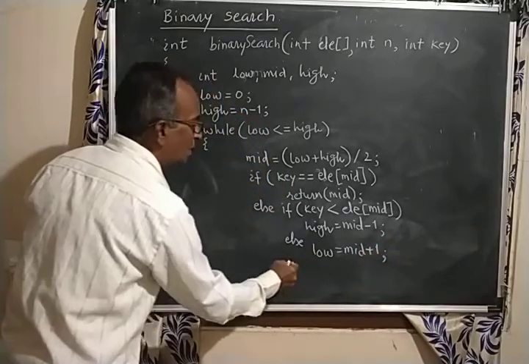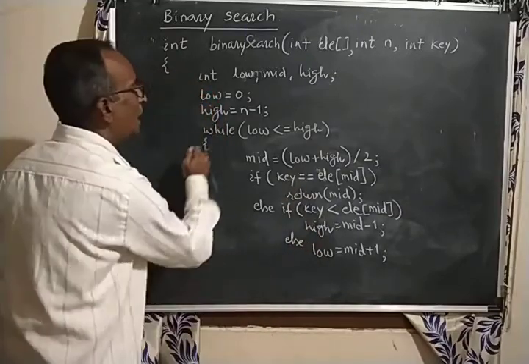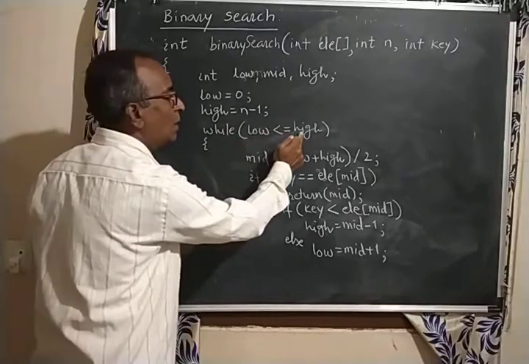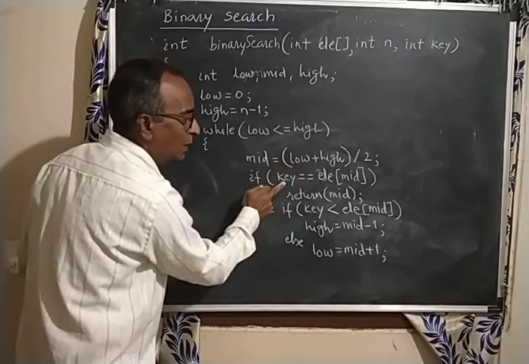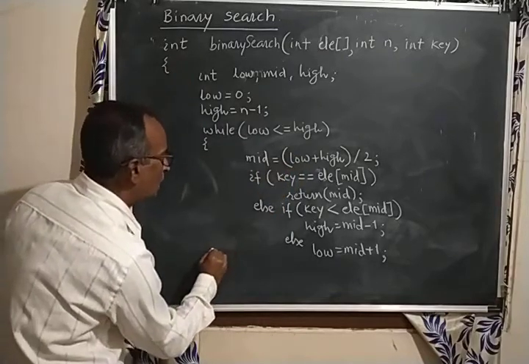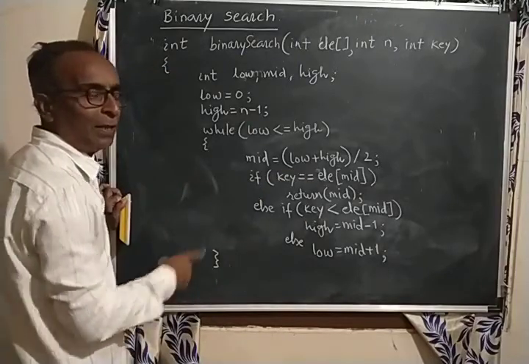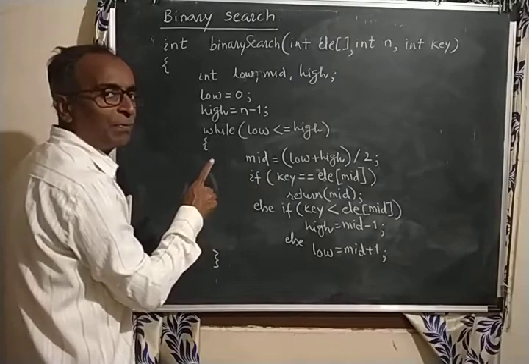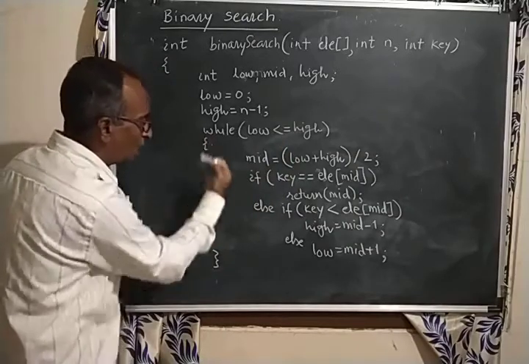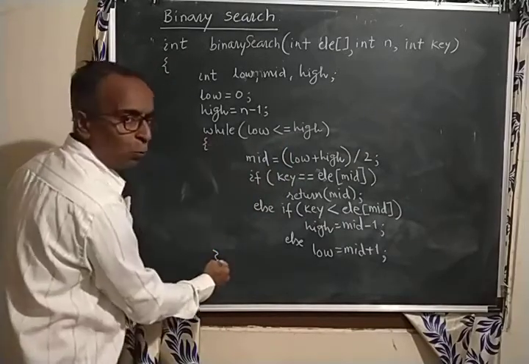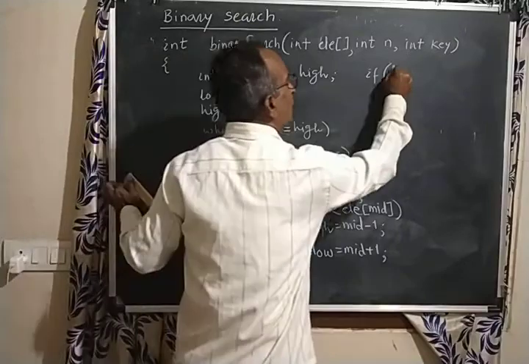Right? High and mid have been calculated, and either high is changed or low is changed. Again it will go here. If low is less than or equal to high, again mid is calculated with new values. So this while loop comes out for a successful search when the element is found.